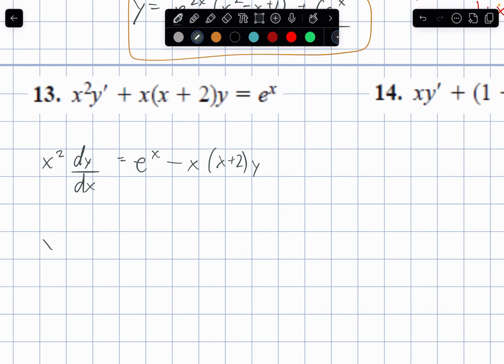Divide everything by x squared. I'll keep y at the right side, because I think this is gonna be a p of x times y. I think it's easy to identify at this point.